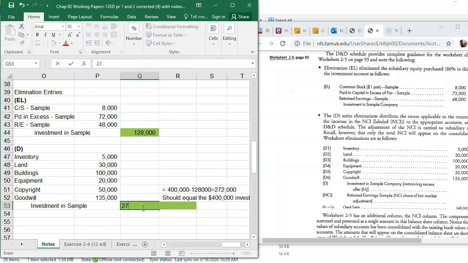If I double check it, I've got the 128 plus the 272, and there's my 400.